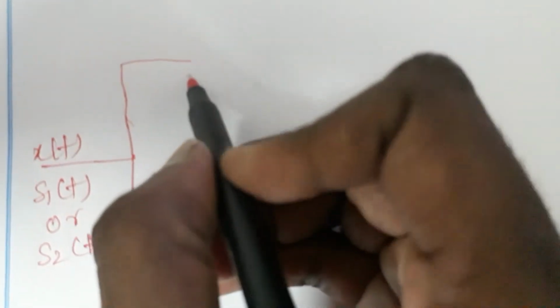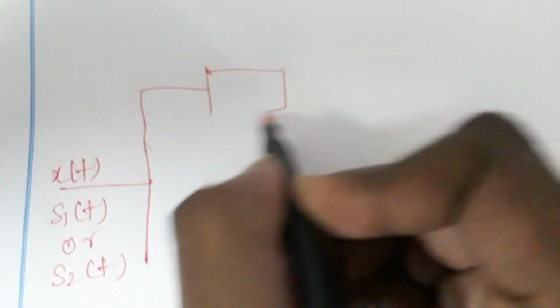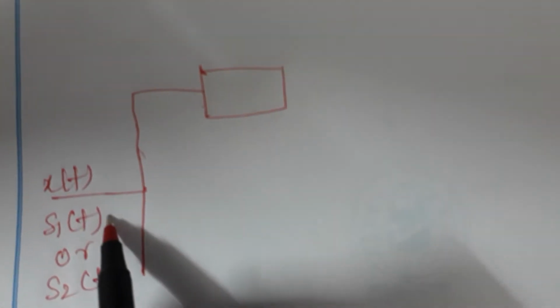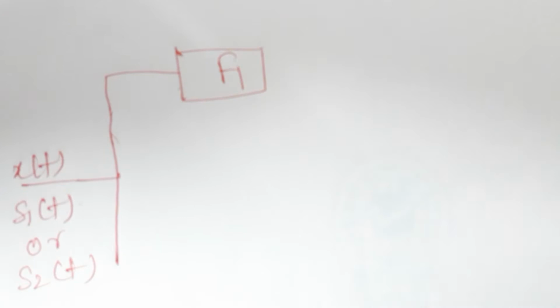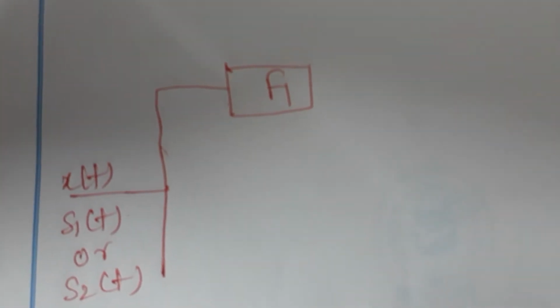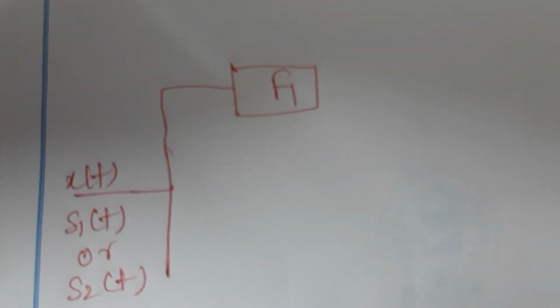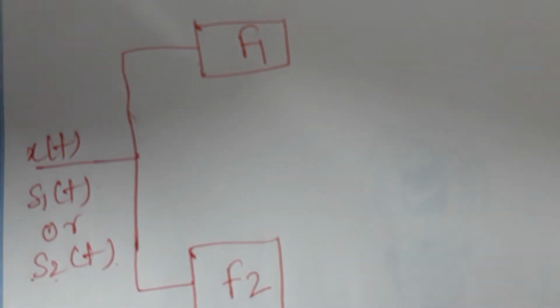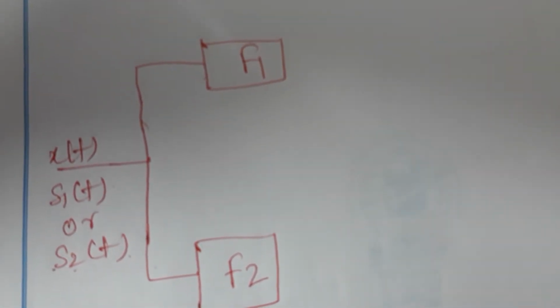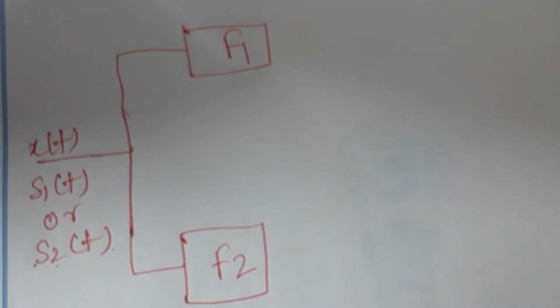When I say S1 of t, the frequency is F1, so I am going to use a band pass filter whose center frequency is F1. If I get S2 of t, I am going to use another band pass filter with center frequency F2. Further, I will explain the block diagram to you.